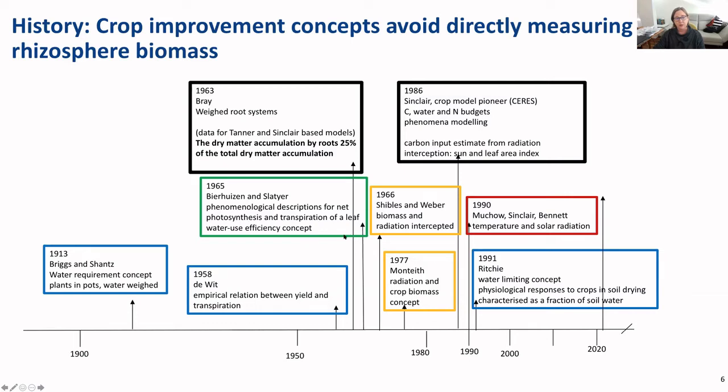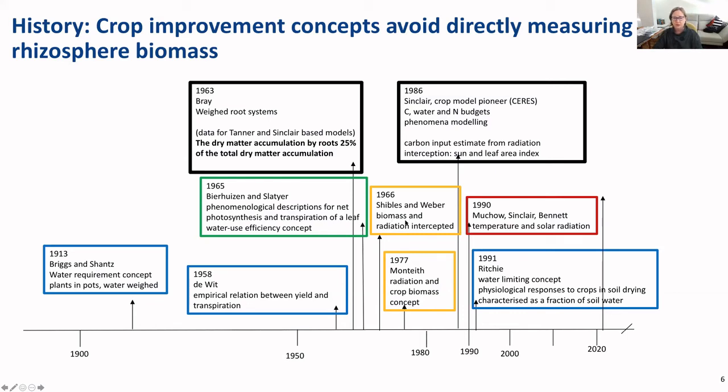Subsequent to really this phenomenological and very important concept of looking at plants from the point of view of leaves, there was the introduction of the importance of radiation. And Shibles and Weber in 1966, I think in the UK, made empirical measurements of plant biomass against the radiation intercepted. And again, I was not able to tell whether they included roots in the biomass.